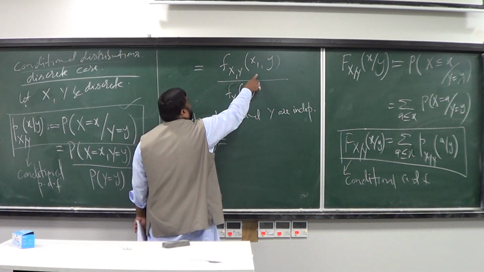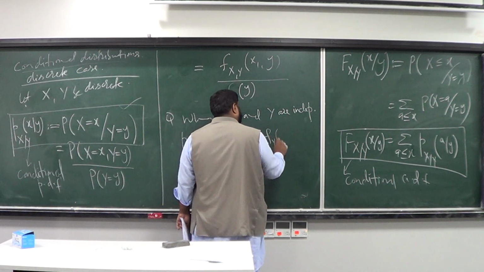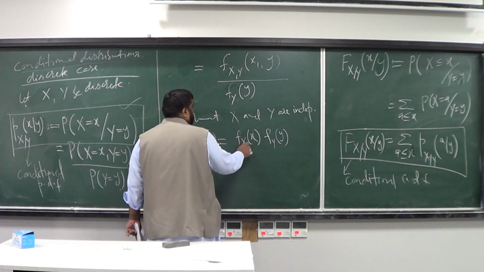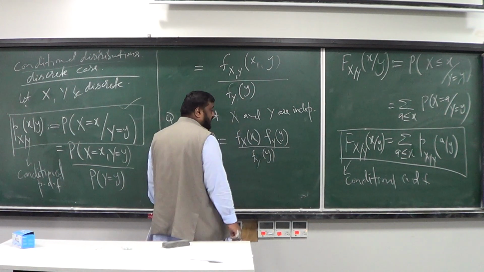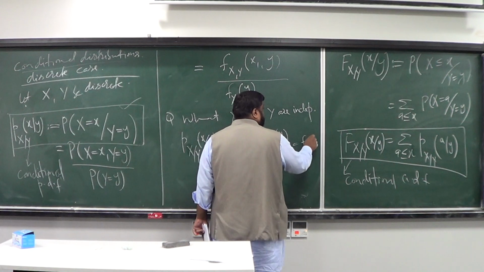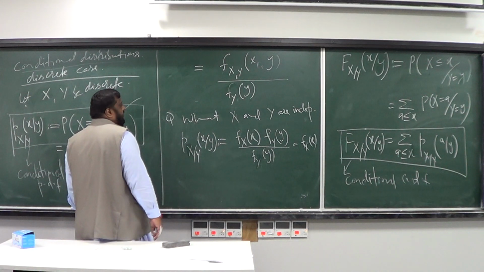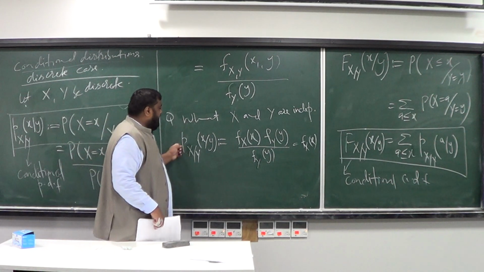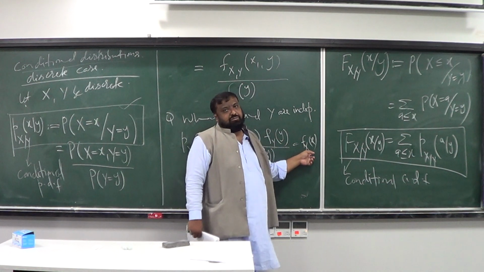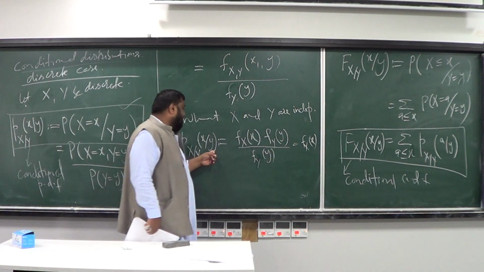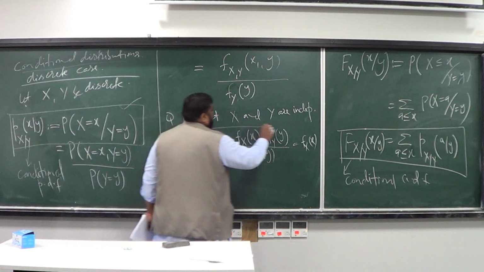But since X and Y are now independent, this is equal to the marginal PDF of X multiplied by the marginal PDF of Y, and everything divided by the marginal PDF of Y, which is equal to the marginal PDF of X. Okay, so if X and Y are two independent random variables, then the conditional PDF of X given Y is simply the PDF of X, because Y adds no information into it. Okay, so these are some of the basic facts about it.